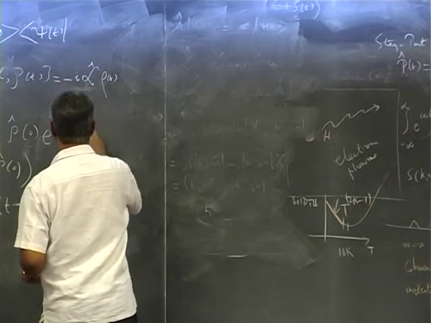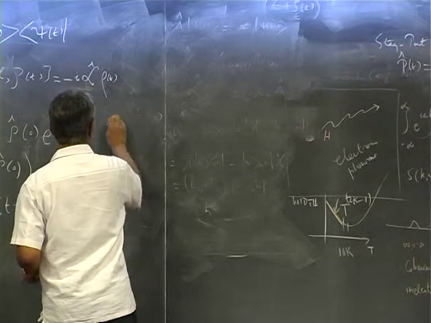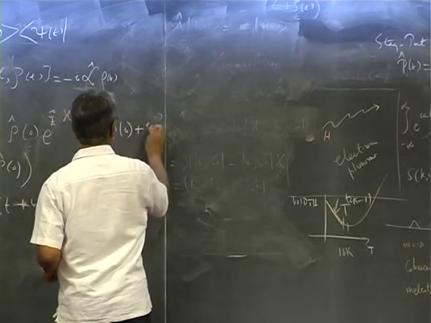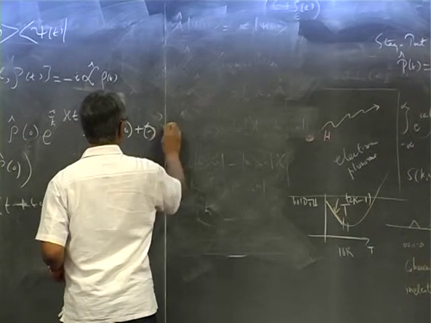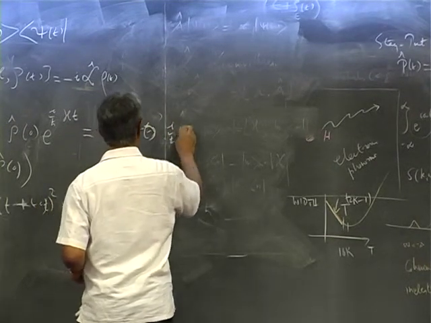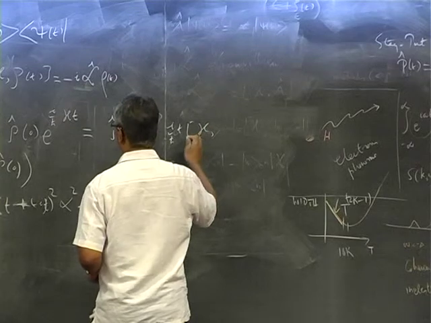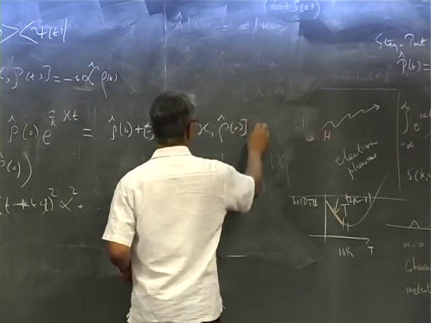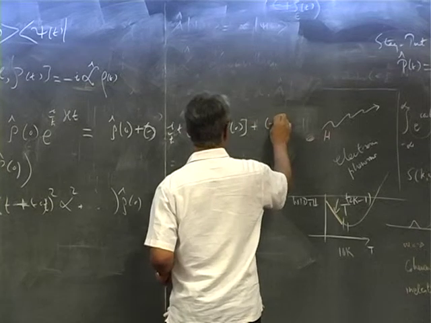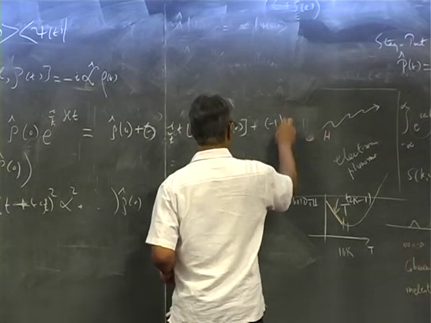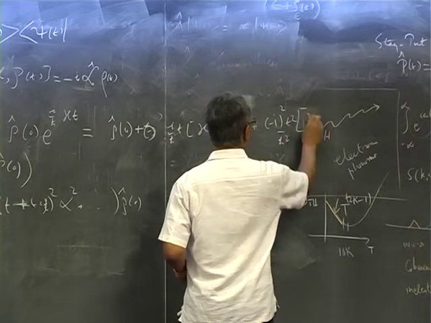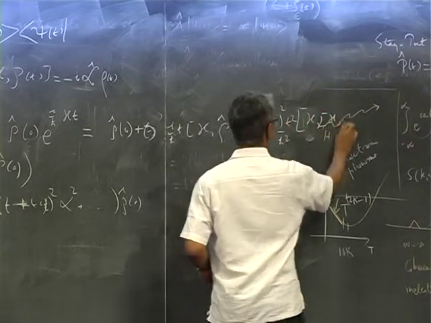You know, this expansion is, first term is rho of 0 plus minus i by h bar t, commutator of H with rho of 0, then all these higher order terms, minus i squared t squared over h bar squared, all these nested commutators, right?